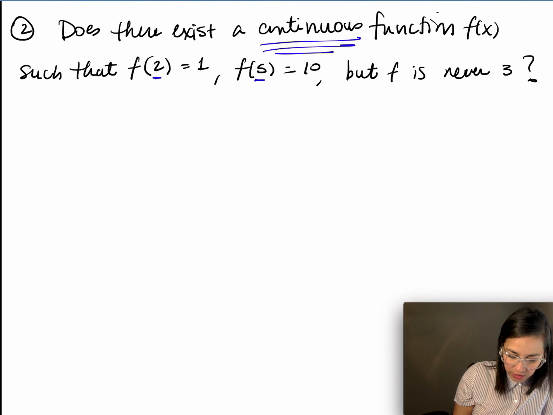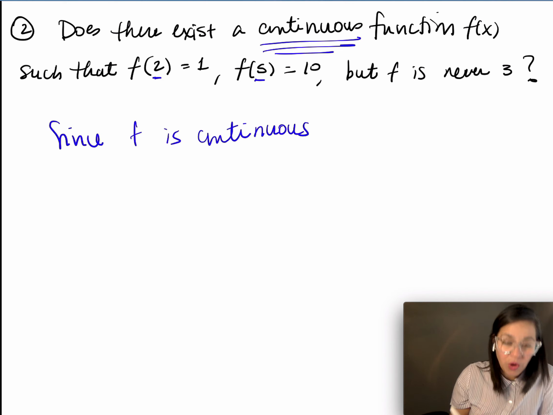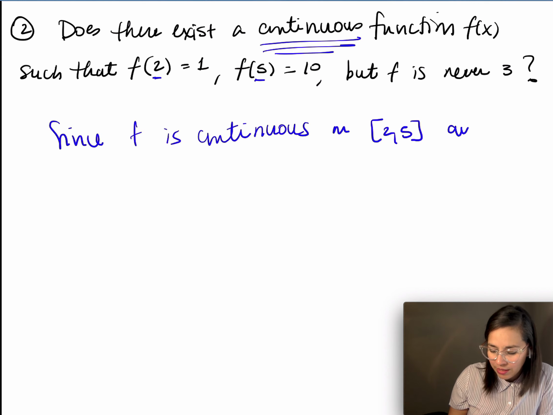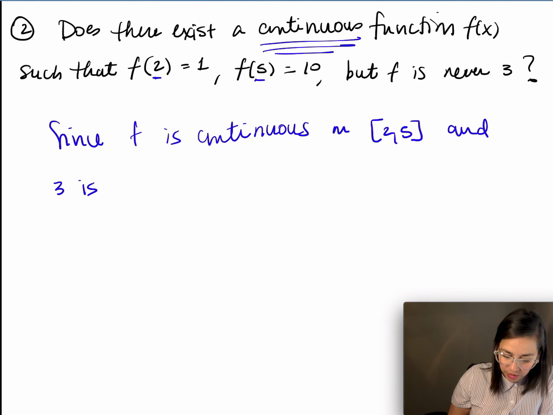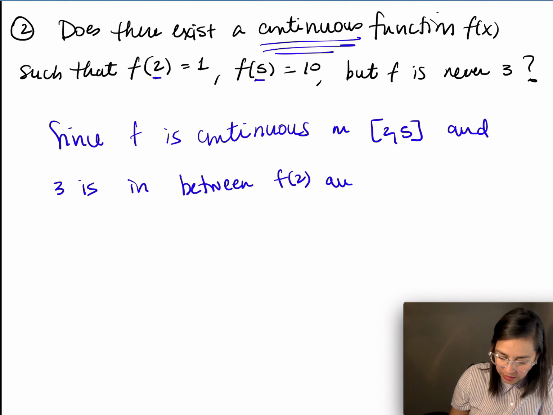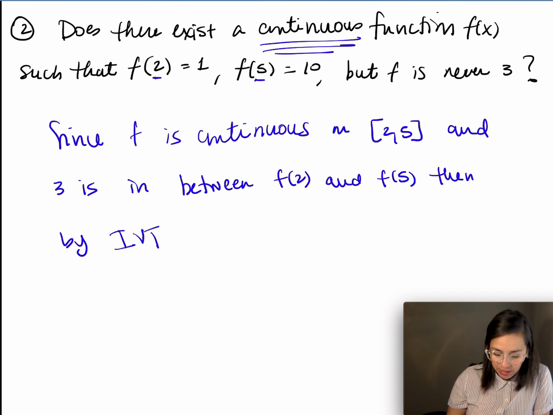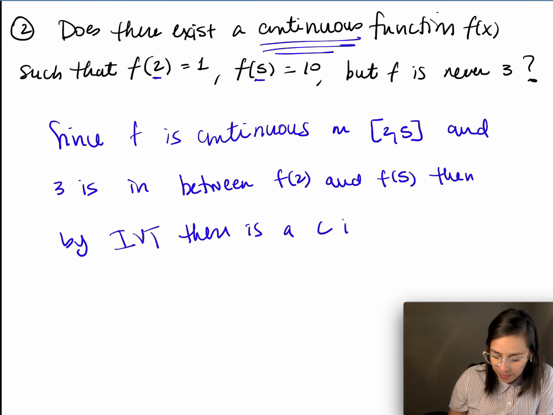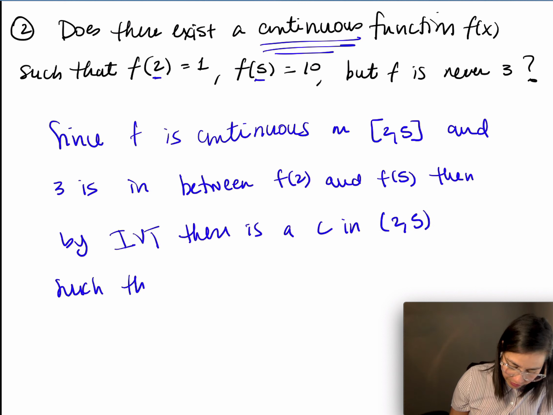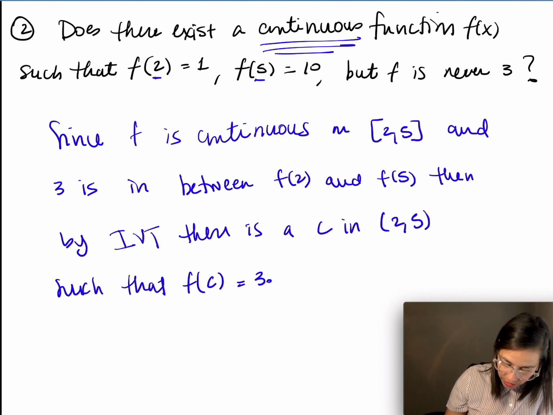So since f is continuous, in particular, on [2, 5], and 3 is in between f(2) and f(5), then by the intermediate value theorem, there's a c in [2, 5] such that f(c) is equal to 3, okay?